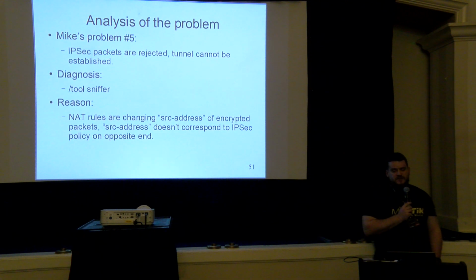The idea is very simple. The IPsec packets are rejected, and the tunnel cannot be established. And if you sniff that traffic, you will find out that your NAT rules, your masquerade rules, are changing the source address of encrypted packets, and that doesn't correspond to the IPsec policy anymore on the opposite side, so it gets discarded.